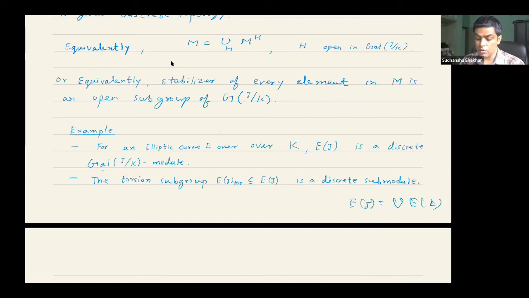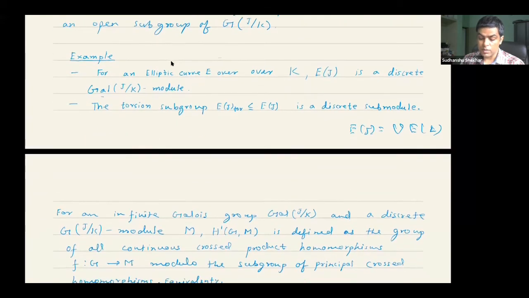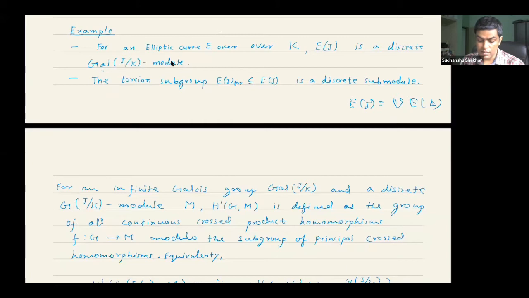Another module which is also a subgroup of E(J) is the torsion subgroup of E, but not over K, but over the bigger extension J. Then E(J) torsion subgroup is again a discrete submodule of E(J). These are the two examples which will appear again and again.